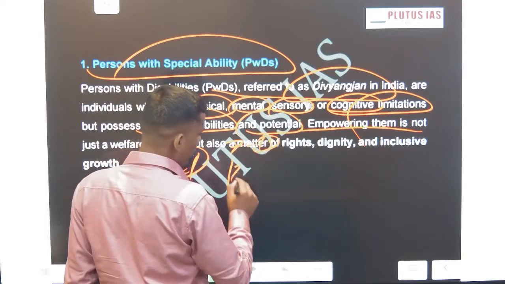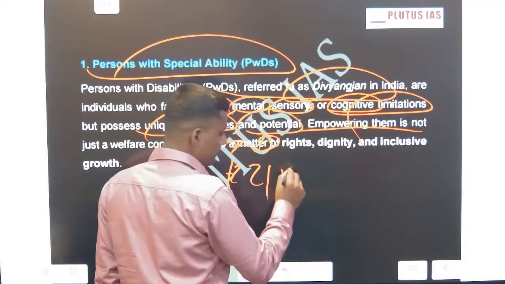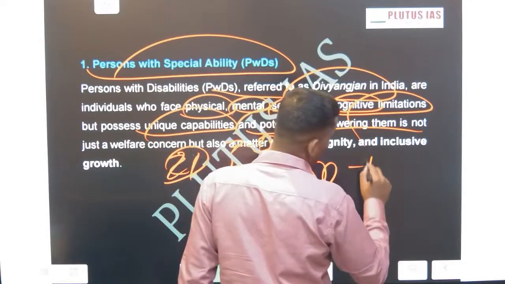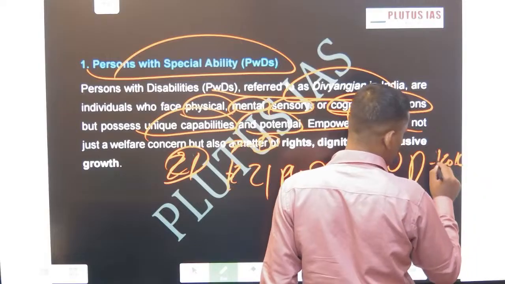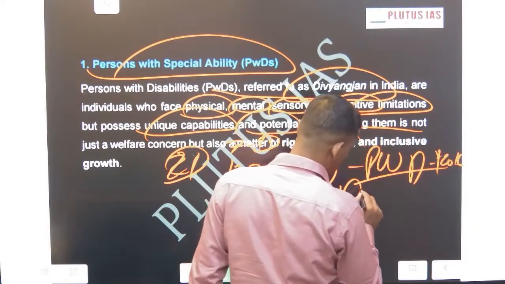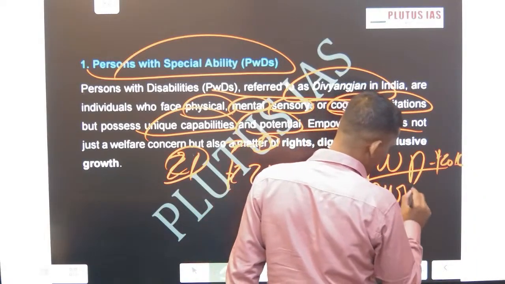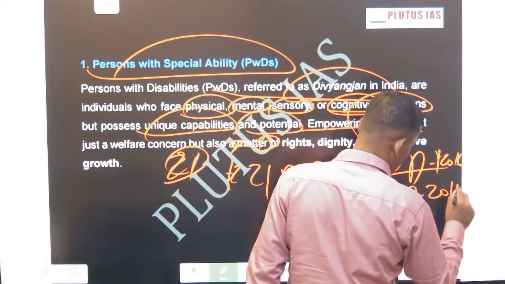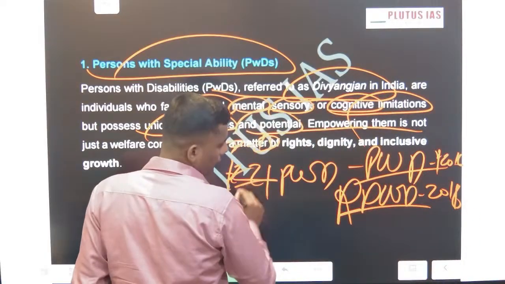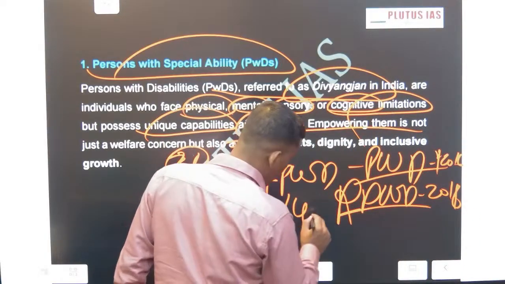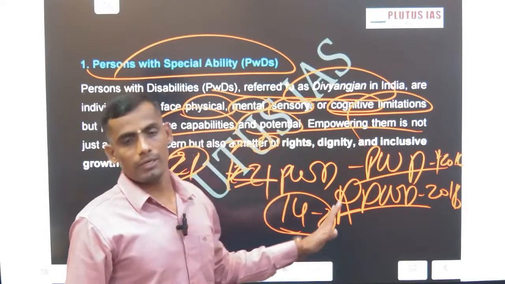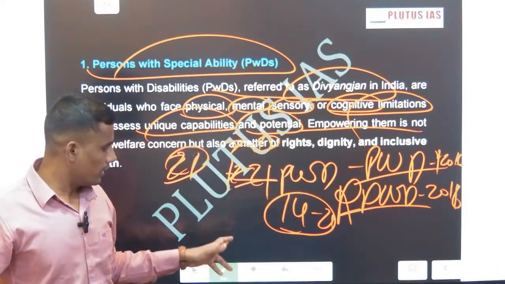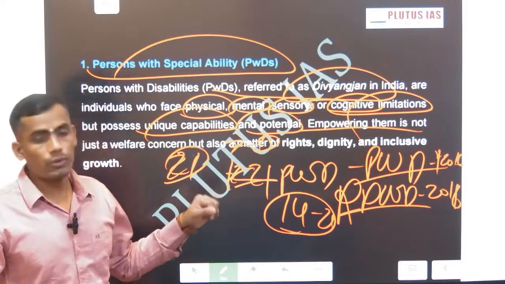Now it is 21 disabilities given in the Rights of Persons with Disabilities Act 2016. Rights of Persons with Disabilities Act 2016. The disabilities were increased from 14 to 21. This is the recent amendment done by the government.